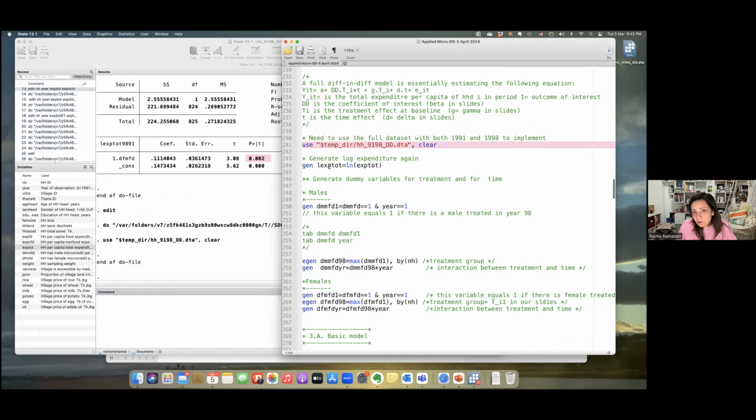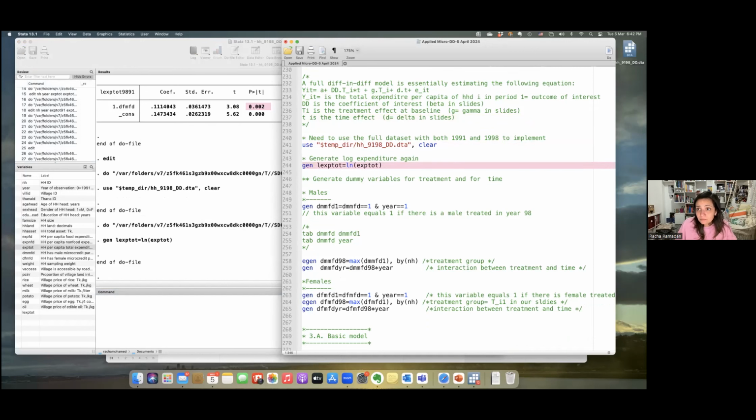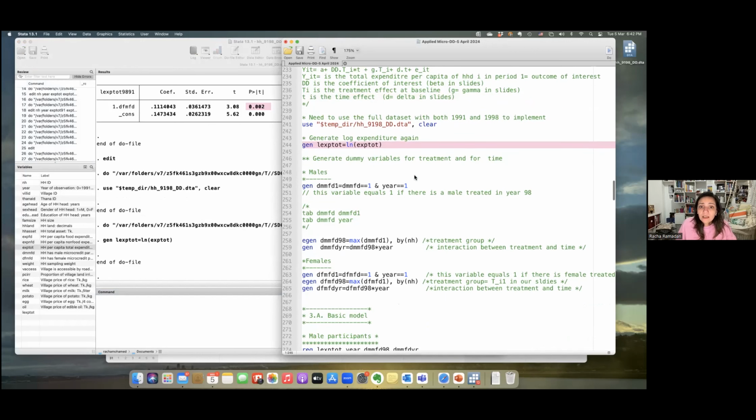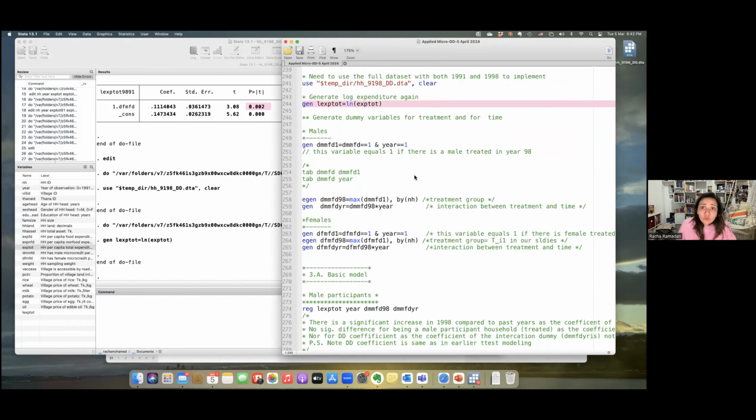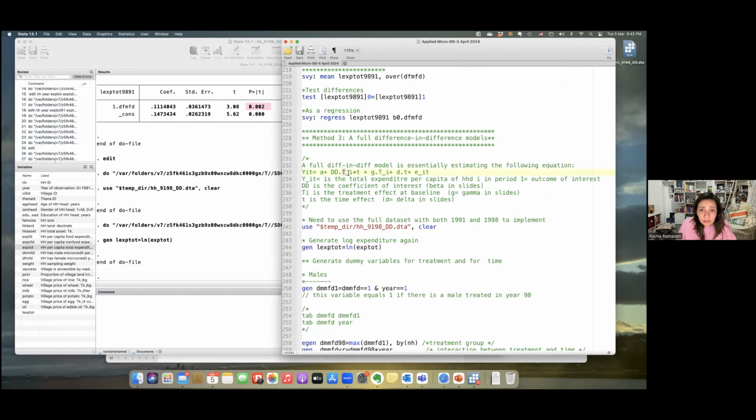And because of the outliers and the large values of the total expenditure per capita, I will use the log. Now I want to create the dummy variables for the treatment and for the year, to be able to estimate my coefficient of interest of the difference in difference.